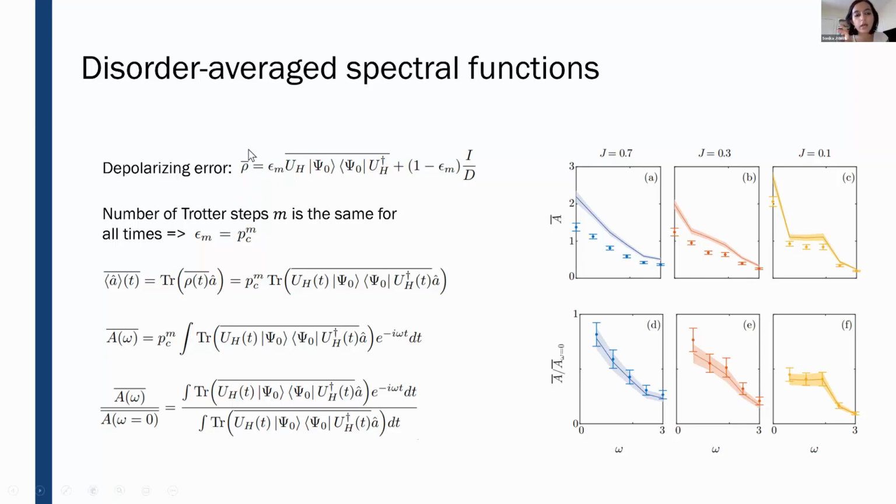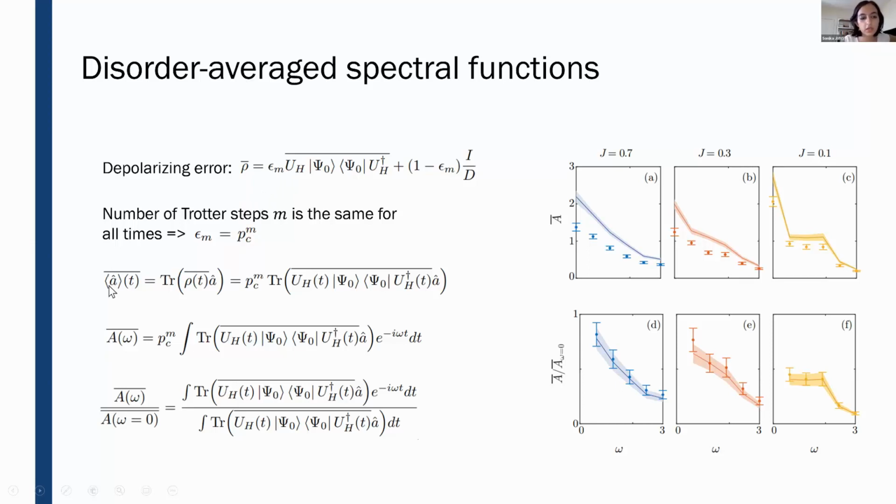So you can write your average quantum state as the probability of getting the correct answer times whatever quantum operation you did, plus 1 minus the probability of getting the correct answer times an identity matrix. This is just like a fully thermal matrix; there's no information in here.